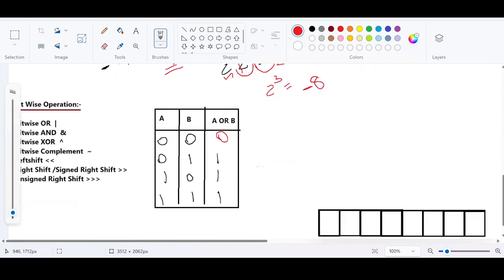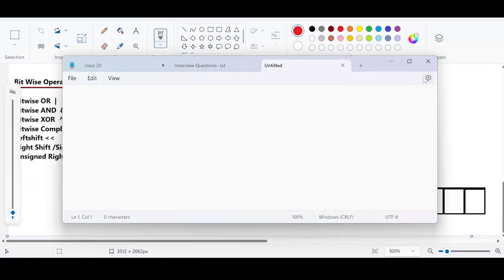Having said this, let us try to understand a real-time interview question. They have asked us like this. I don't know if you can answer this. I'm taking a class here. Inside this class, I want to take public static void main String array.